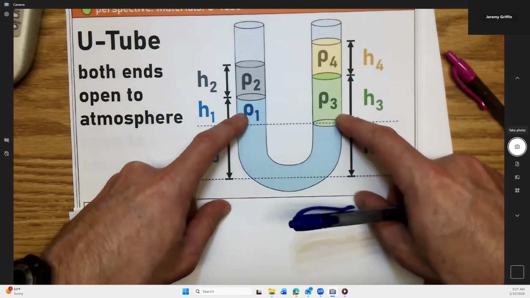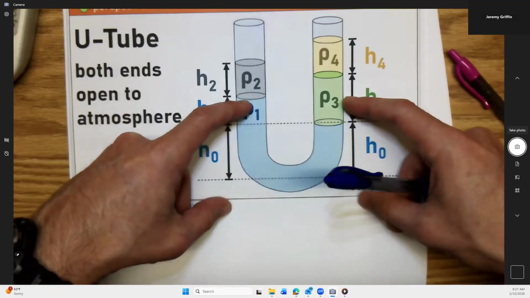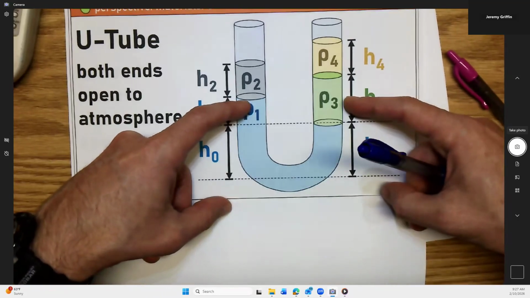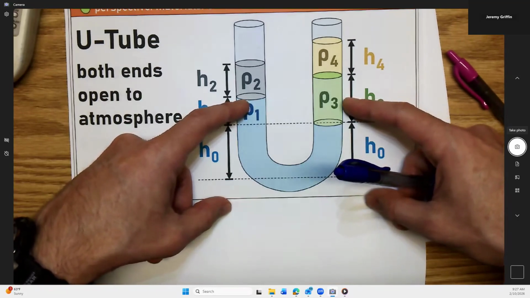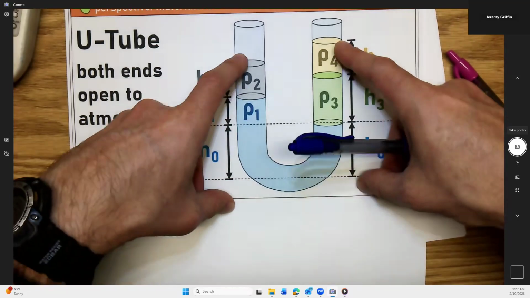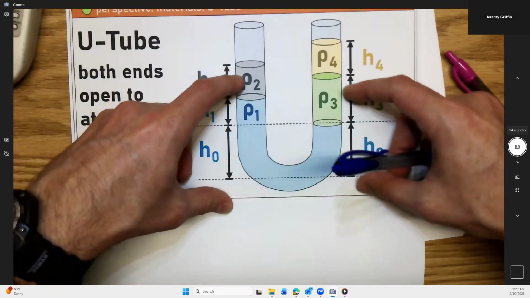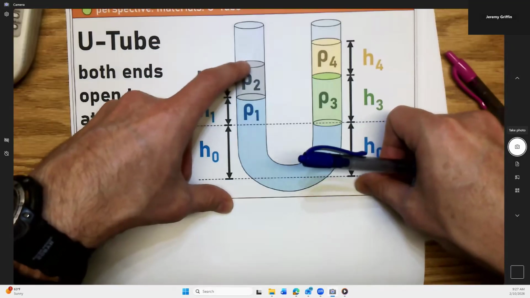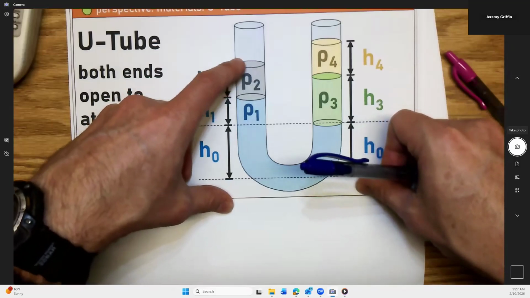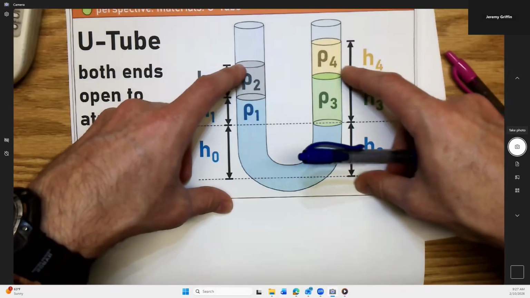Now, guys, if I go to here, do you think this is equal pressure right here and here? No, probably not. Now, maybe one point of evidence for that is if you go up to like here, I see it right at this line. Are we basically at atmospheric pressure right here? But that's not true here.